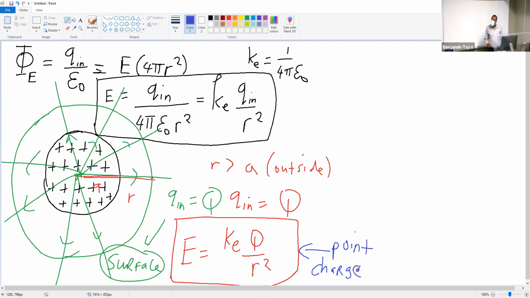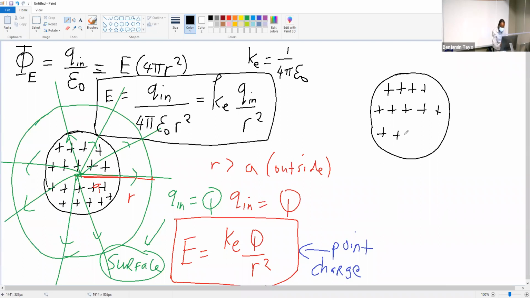Now let's see what happens if you want to calculate the electric field at a point that is inside. So again, this is the volume that we had. Now, if I want to calculate the electric field at the point R such that R is less than the radius A. So again, this is A, that's the radius.